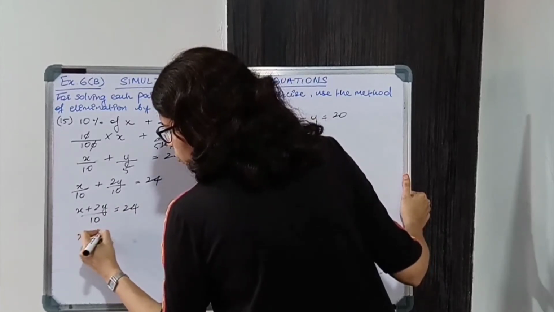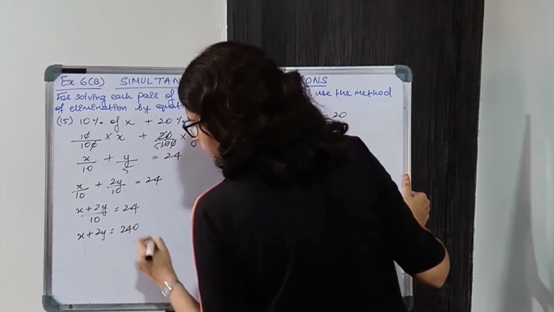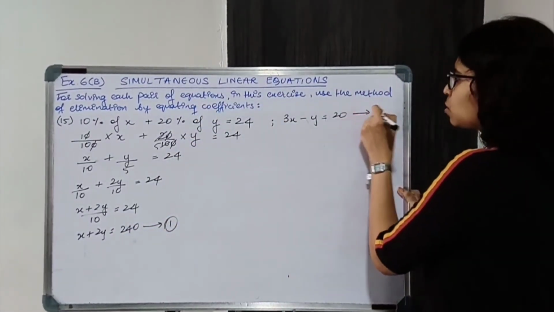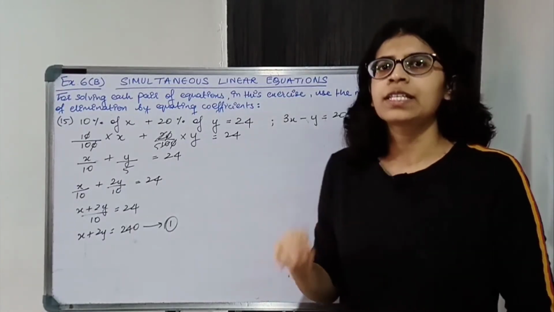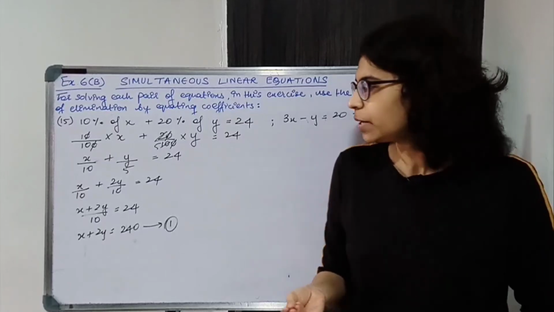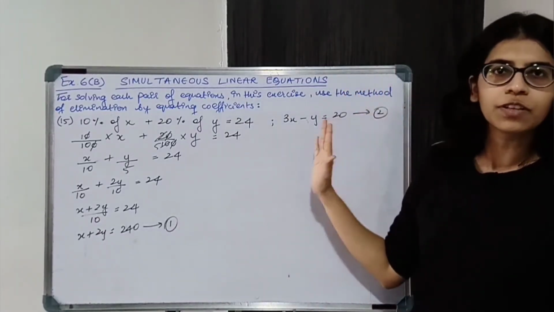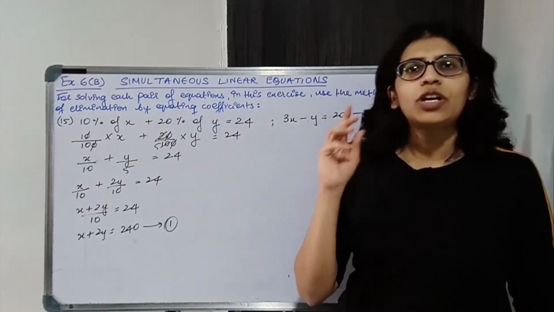So x plus 2y is equal to, shifting 10 over here, 24 into 10 gives 240. And this is already in the required form. Variables should be in LHS and number in the RHS. Here we have solved it, and here it was already given in that form.